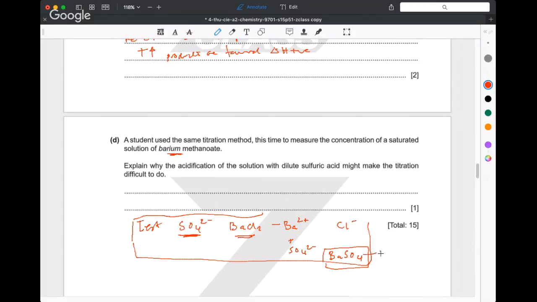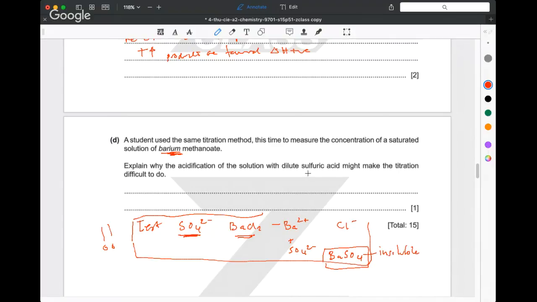So barium sulfate is highly insoluble because you can use it in this laboratory test. So you know that, that's something that you know from your A-level studies, and then saying, well, okay, we're doing this experiment again, we're not going to use magnesium methanoate, we're going to use barium methanoate.